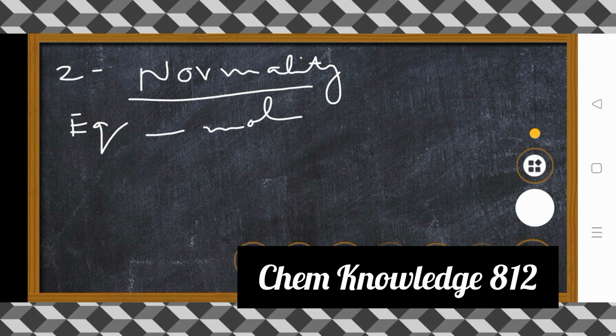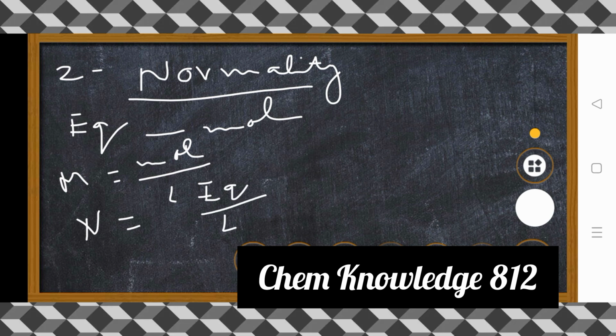So in normality, we use equivalent instead of mole, because we know that molarity is equal to moles per liter, and normality will be equal to equivalents per liter. So instead of mole, we use equivalent. This is the difference between molarity and normality.